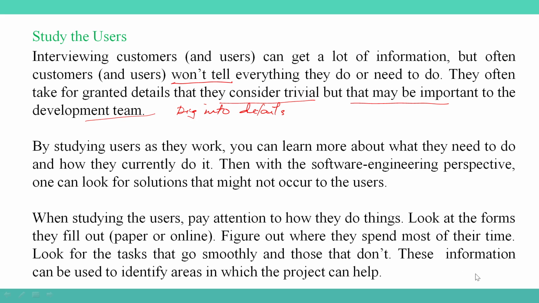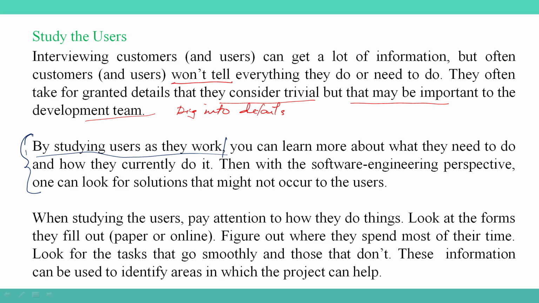So when we go for on-site observation, that is studying users as they work. From the way they work you learn how they currently do it, and can learn more about what they need.